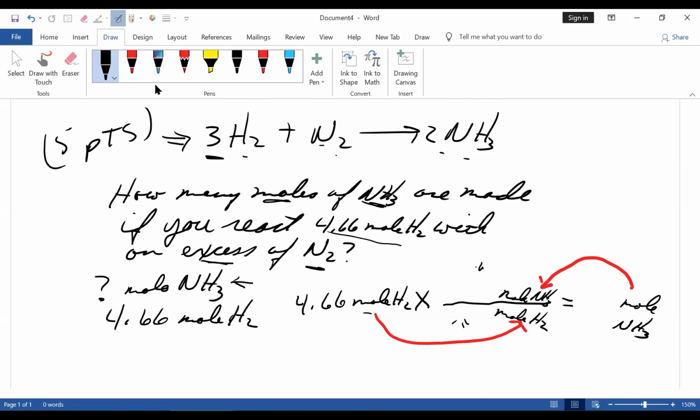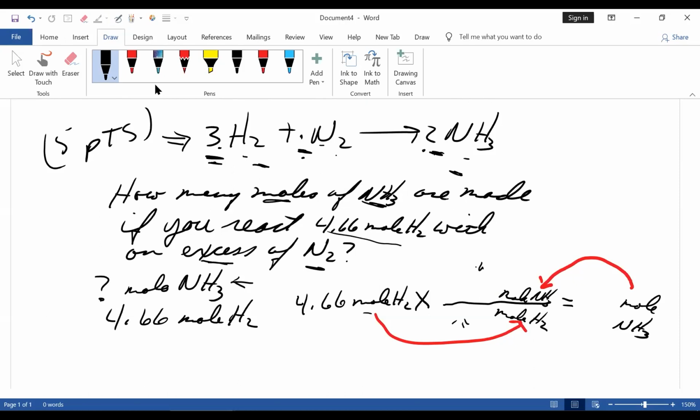And this tells you for every 3 moles of hydrogen, 1 mole, remember when there's no number in front, it's the number 1, react with 1 mole of nitrogen to make 2 moles of ammonia. Again, the coefficients of a balanced chemical equation tell you the molar ratios between your reactants and your products. 3 moles hydrogen, 1 mole nitrogen make 2 moles of ammonia.